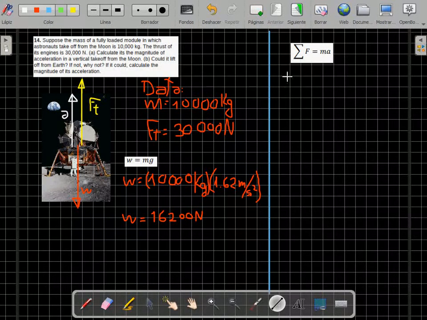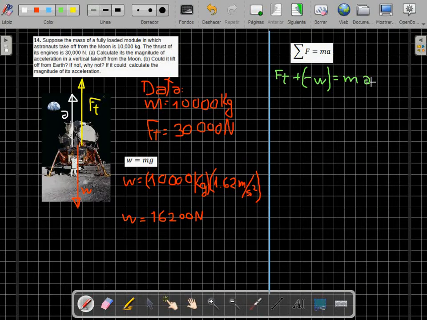What are the forces involved here? The force of the thrust, plus the negative of the weight, since the negative is going downward. Okay, don't forget that every force that is against the acceleration is going to be considered as negative, and that is equal to mass times the acceleration.